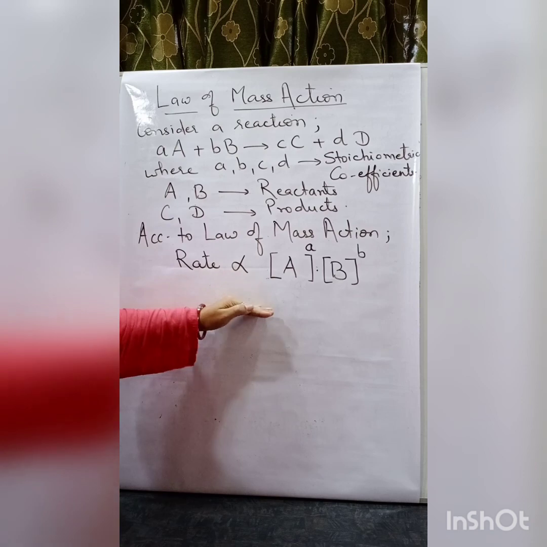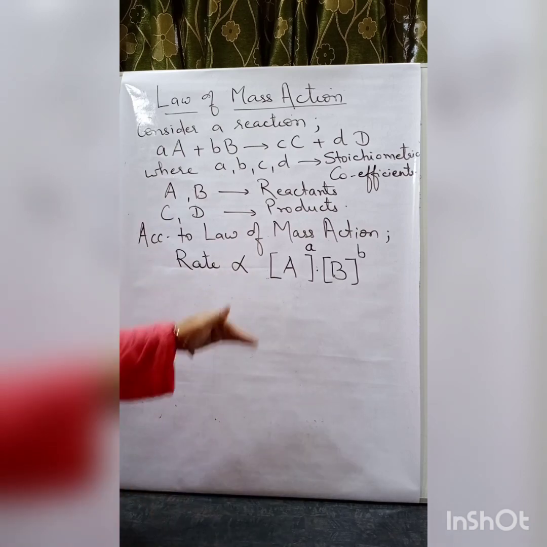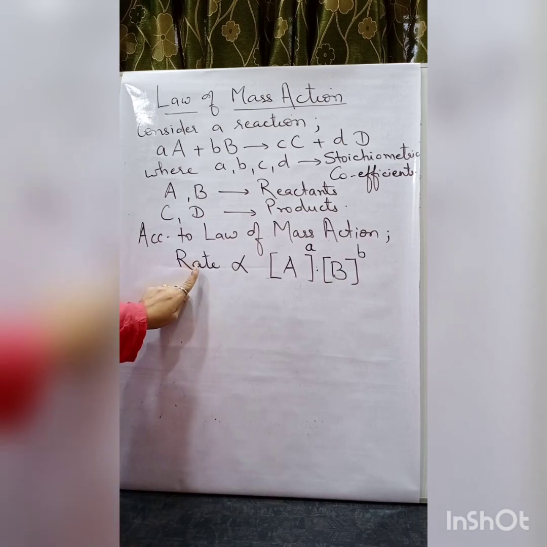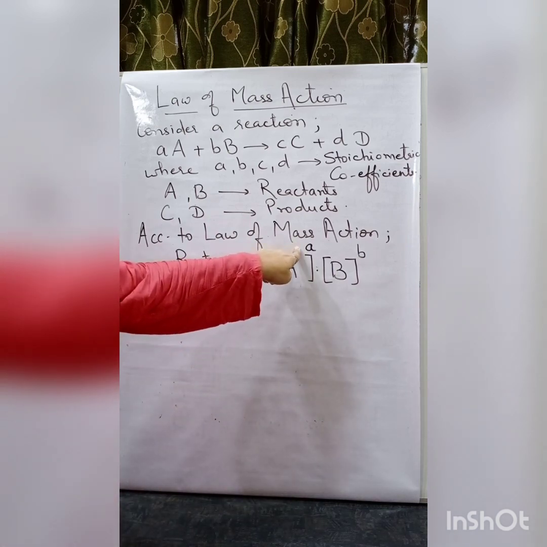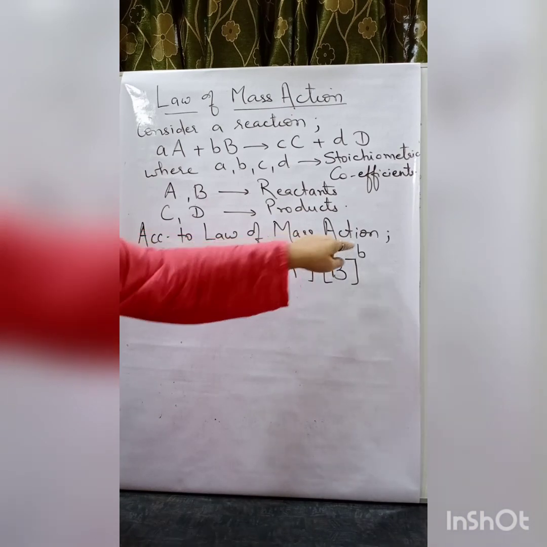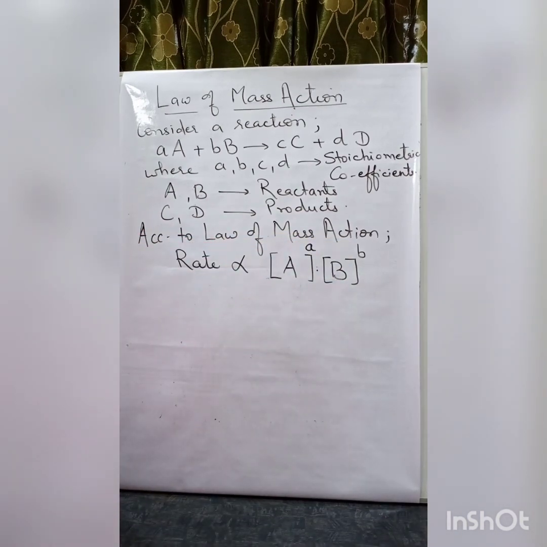But when it was seen experimentally, it was observed that the rate of reaction does not depend upon the stoichiometric coefficients a and b of the reactants. It depends upon something else.